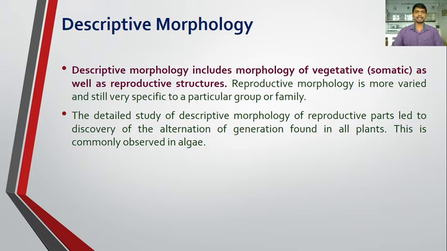The detailed study of descriptive morphology of reproductive parts led to the discovery of the alternation of generation found in all plants. This is commonly observed in a primitive group of plants that we call algae.